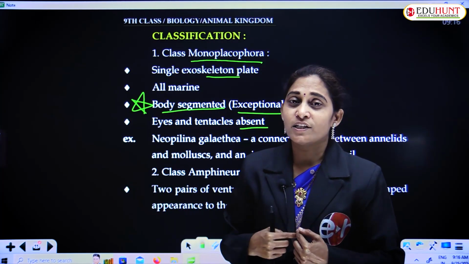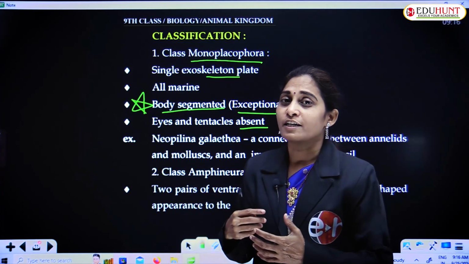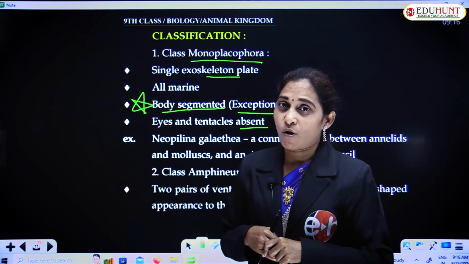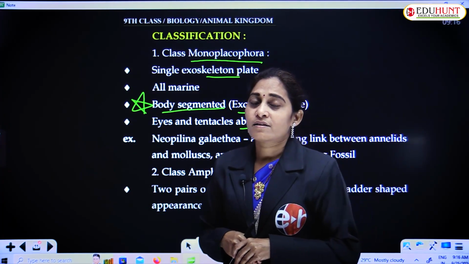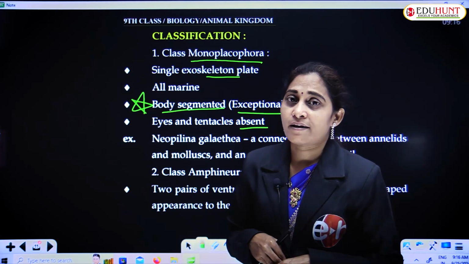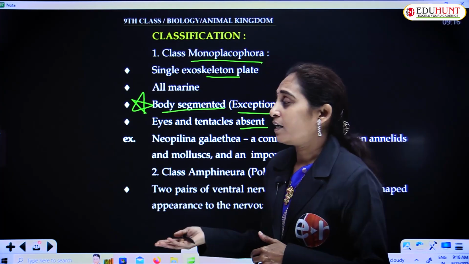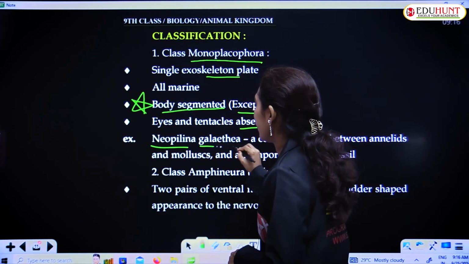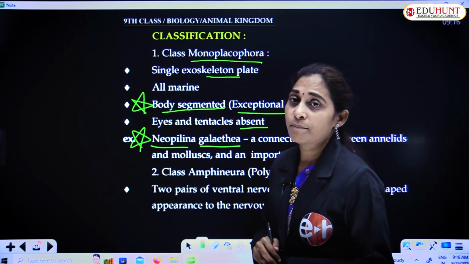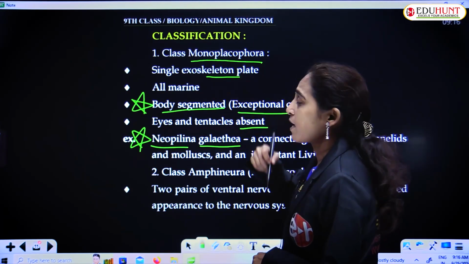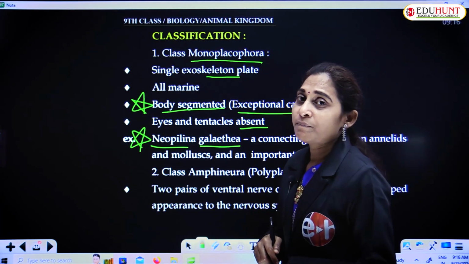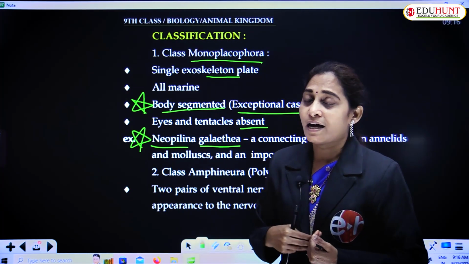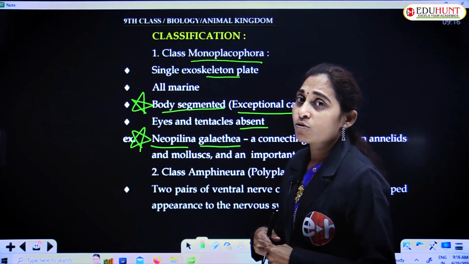Even so, I am mentioning that it is the connecting link between phylum Annelida and phylum Mollusca, because it shares characters with Annelida on one side and Mollusca on another side. Neopilina galathea is a very important example, which belongs to the class Monoplacophora.